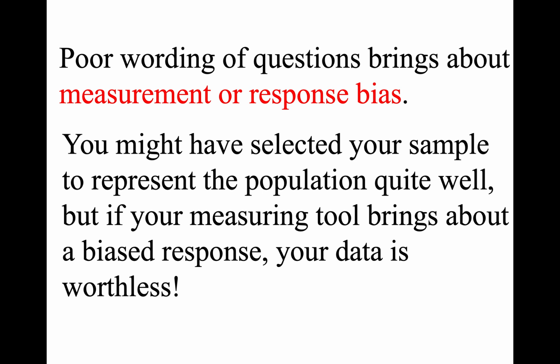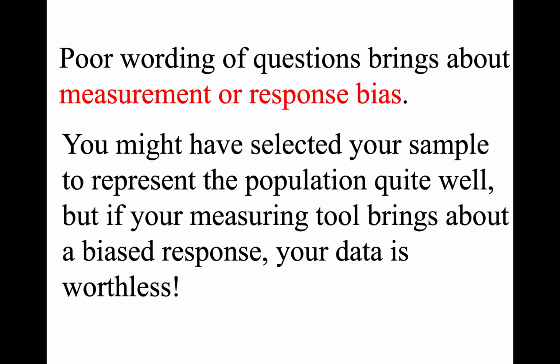There's a polling organization called Gallup that you will probably talk about in class one day. And Gallup polls are actually very good. A lot of times they'll ask questions and they test their questions. So what they'll do is a random sample, and as one of their survey questions, they'll have a question they want to know about, and then they'll change the wording on some of the other ones, and they see if they get similar results to see if their questions are going to lead to response bias.